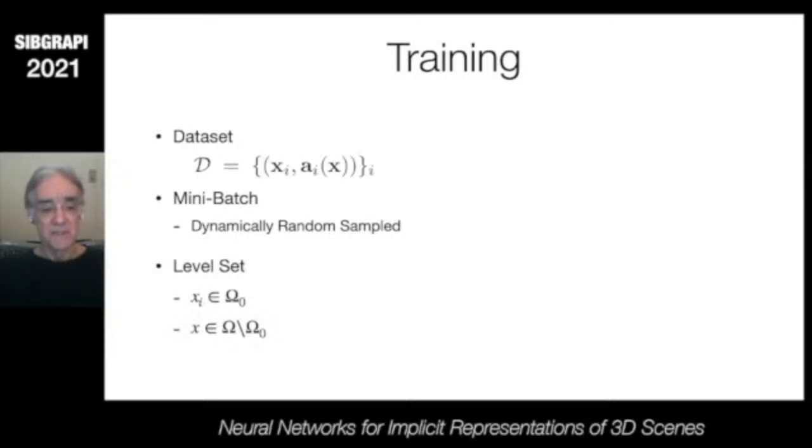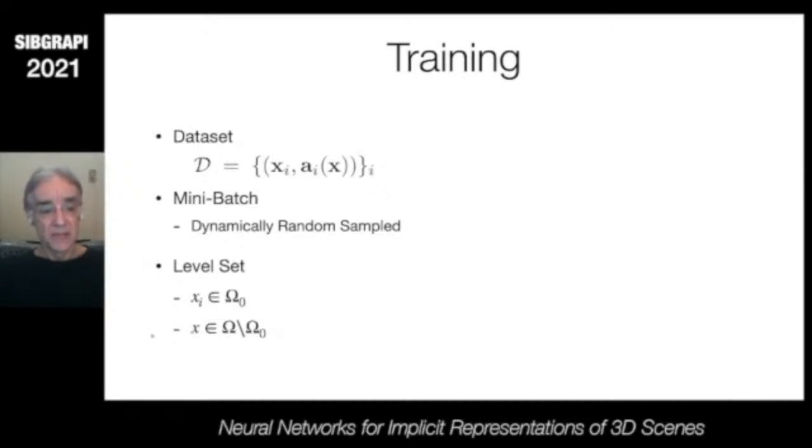And for the points on the surface, we compute the normal of the surface and assume that the value is 0. And for the points that are off the surface, we give only the coordinate. And then the network is going to figure out the value based on the solution of the equation.